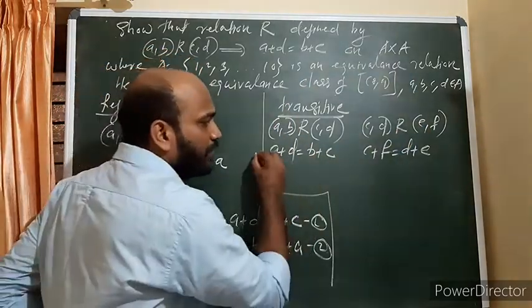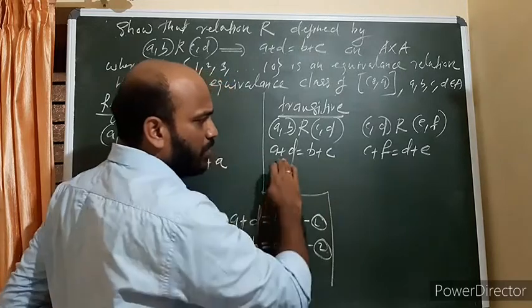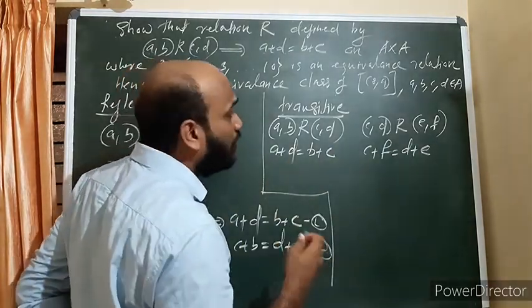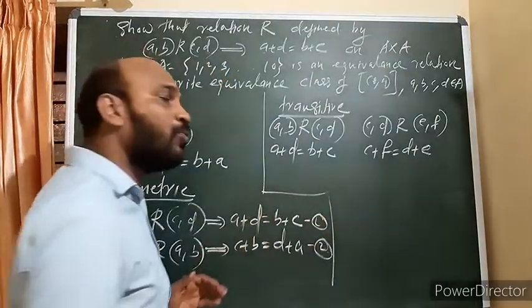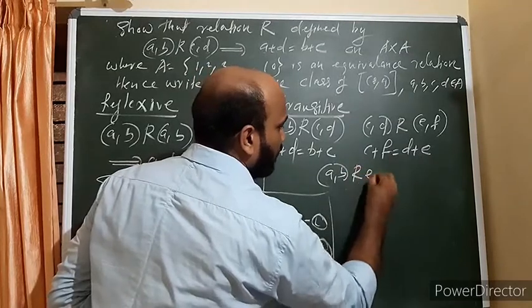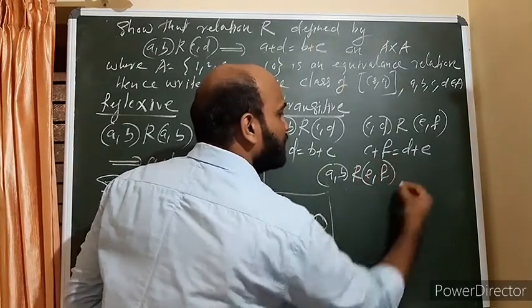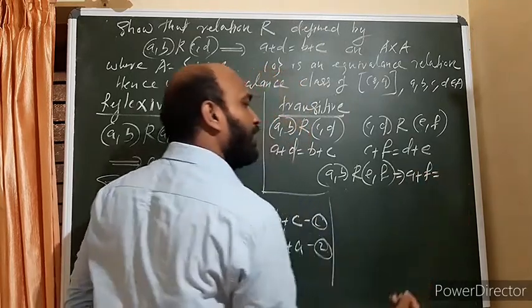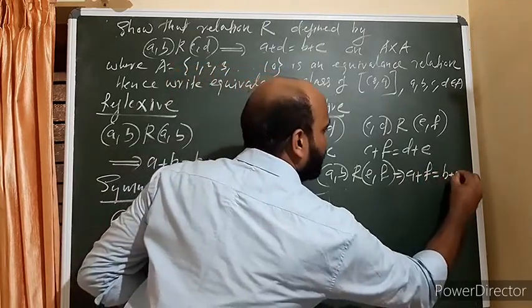For that, just add these two equations. Otherwise, first we can verify what we have to prove. We want to prove that (a, b) is related to (e, f). That means a plus f equals b plus e.